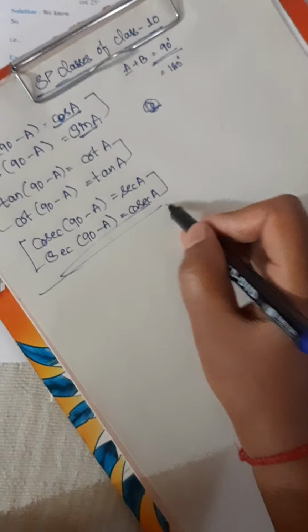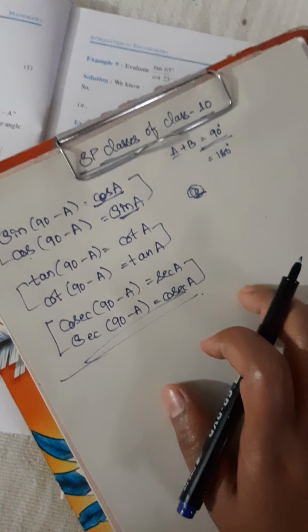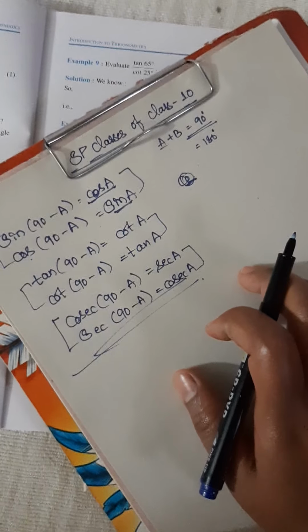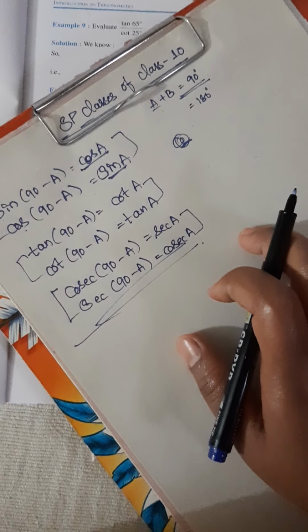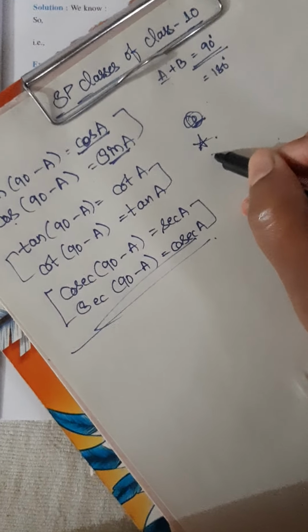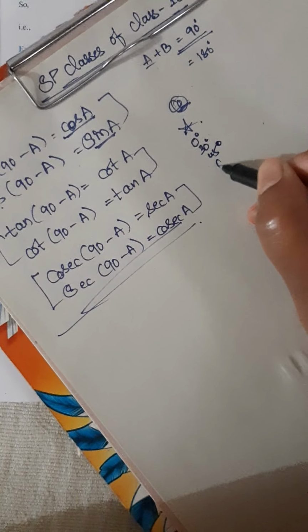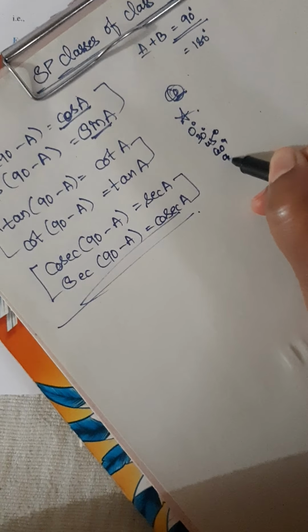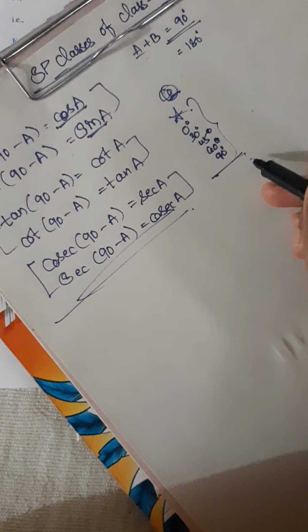These six we have to remember in all forms, not only in this section or this exercise, since we may use them in many places. And one more thing you should all remember: the values for 0 degree, 30 degree, 45 degree, 60 degree, 90 degree, which we get from the table.